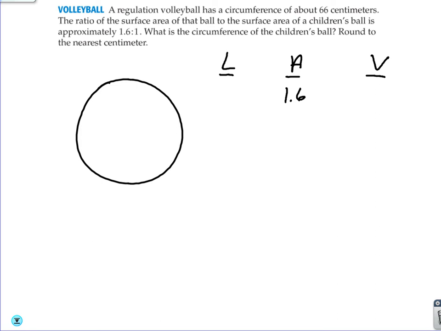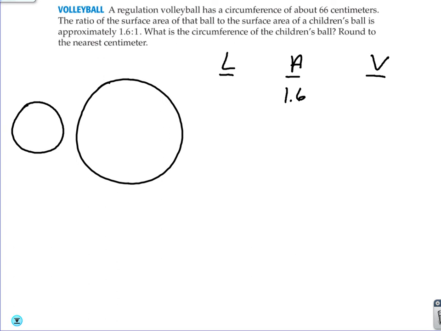So the ratio of the surface area of the children, let's draw both of them. Draw this one over here. Let's say that's the children's ball. So if you're going from the circumference, that's a linear measurement, the circumference of this to this, you're multiplying by 1.6. It's 1.6 times bigger. But we want to know, actually no, that's the areas, isn't it? I apologize.